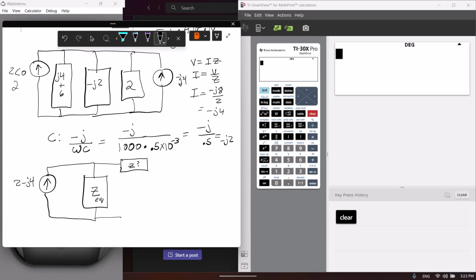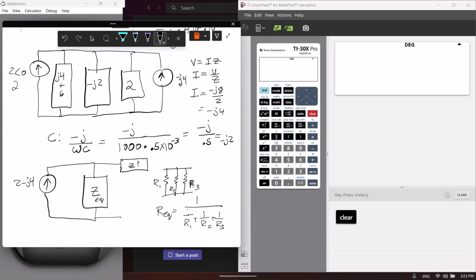But my Z equivalent, since I've got 3 of them, I can't do product over sum. But if you remember, if I had 3 resistors in parallel, R1, R2, and R3, the equivalent resistance is 1 over 1 over R1 plus 1 over R2 plus 1 over R3.